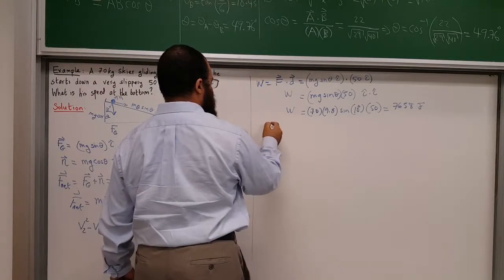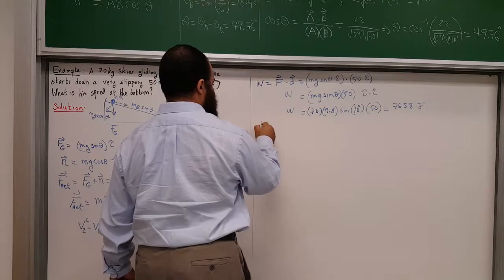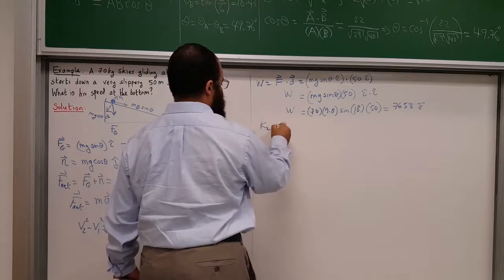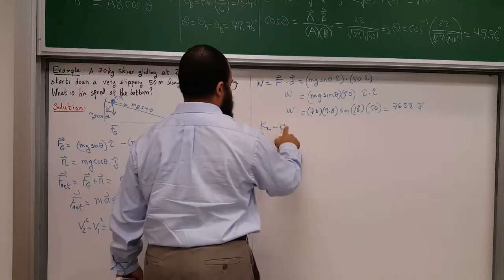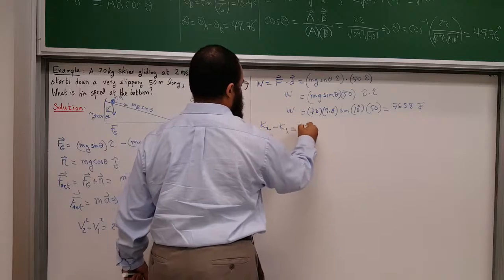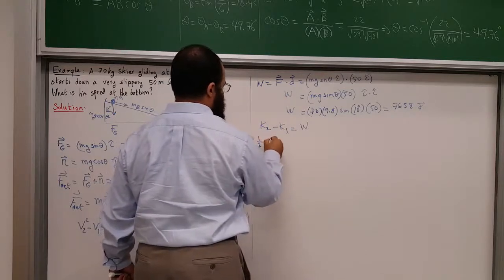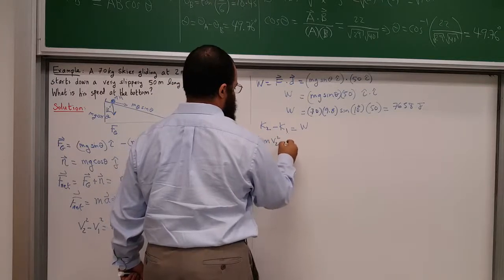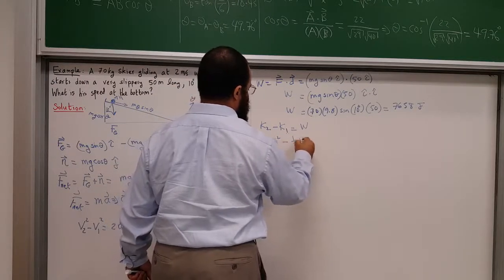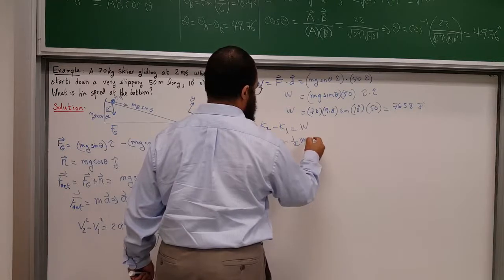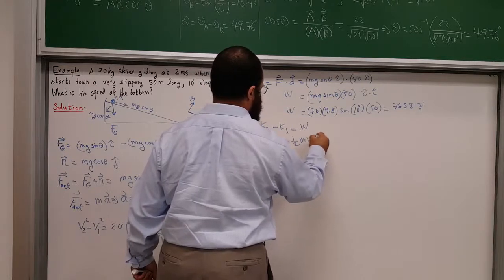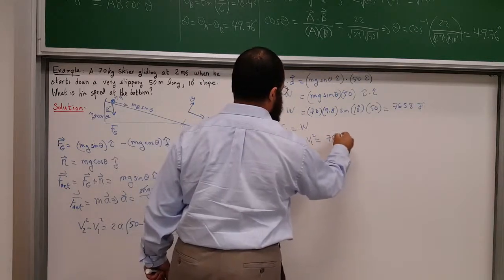Now I know that using the work energy relationship, the work is equal to the change in kinetic energy. So the kinetic energy at the end minus the kinetic energy at the beginning will equal the work done. The kinetic energy at the end is 1/2 the mass times the speed at the end squared, minus the kinetic energy at the beginning, 1/2 m times v1 squared, equals the work done, 7658.